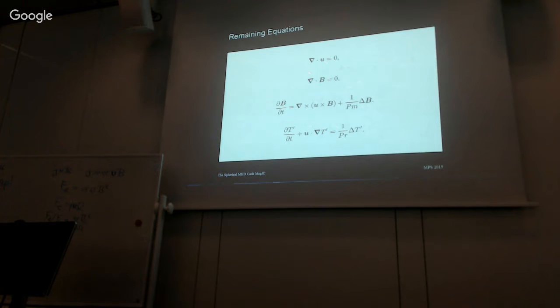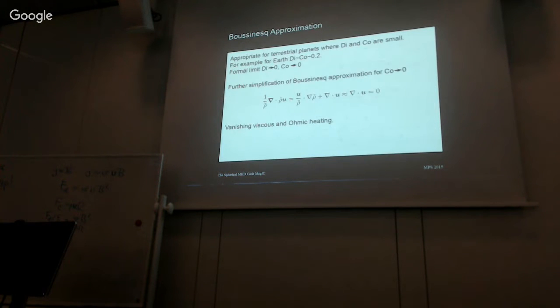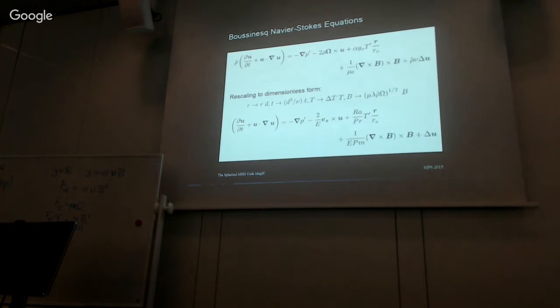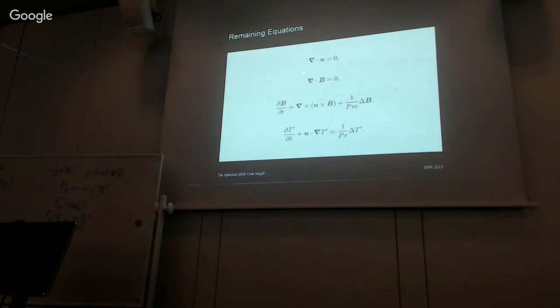Okay, and then the remaining equations. We just talked about continuity and Navier-Stokes so far, and energy. The divergence of U vanishes; this is actually the continuity equation in simplified form with the Boussinesq approximation. Then the divergence of B, of course, vanishes. Then the dynamo equation that Uli introduced. And then this is what is left of the energy equation. You write this simply as changes in the temperature disturbance, when you have subtracted the constant temperature of the background state.